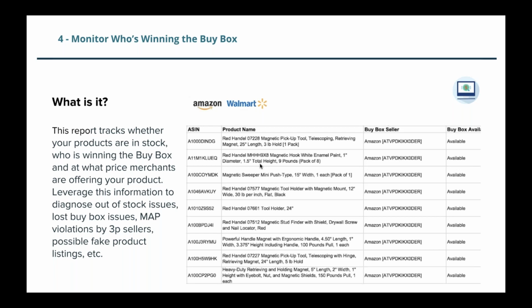A tool like this is crucial to really understand where your authorized sellers are coming in with pricing, and then any new unauthorized sellers that are coming into the market. A tool like this is very effective at keeping an eye on that.